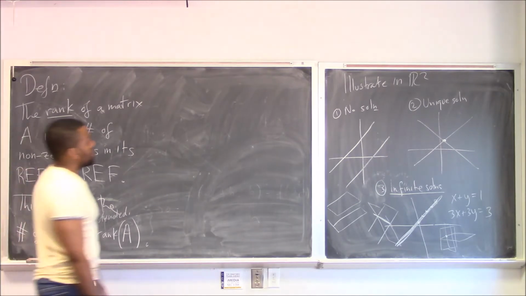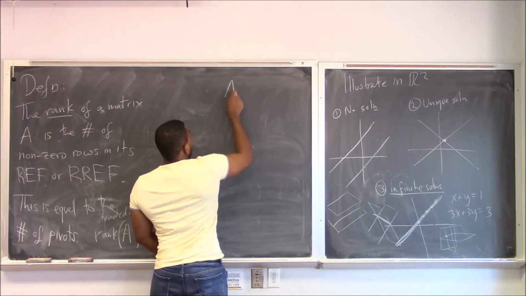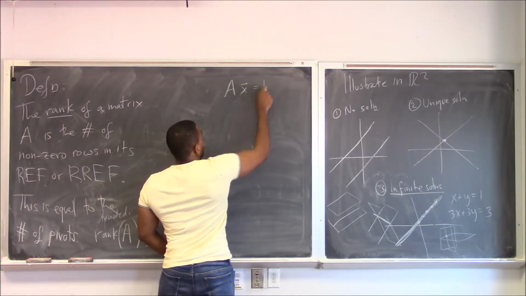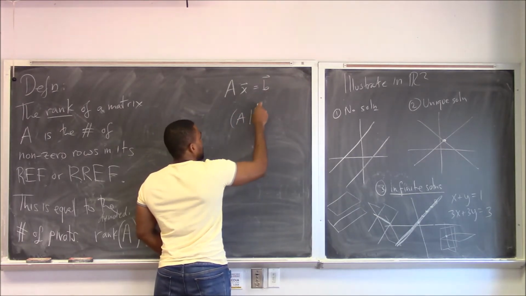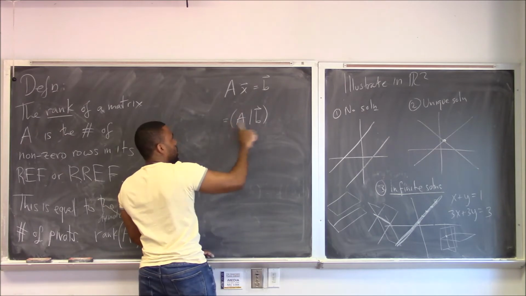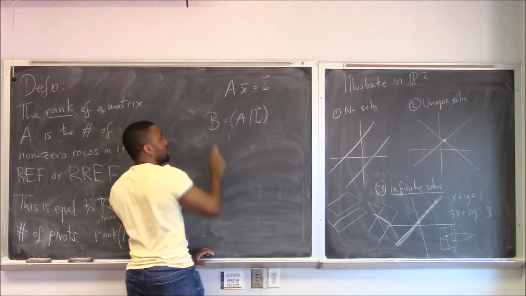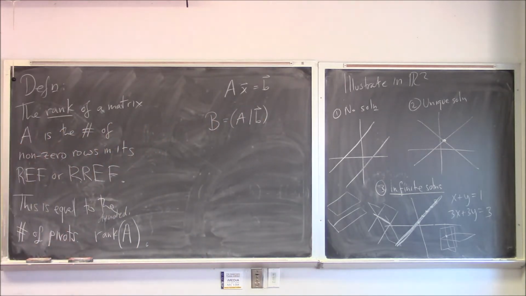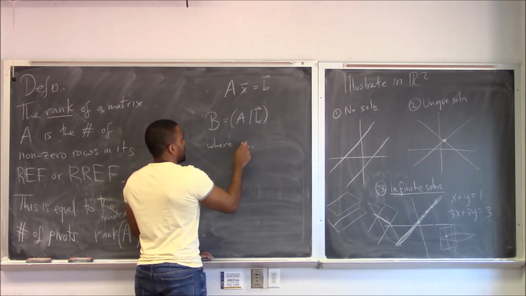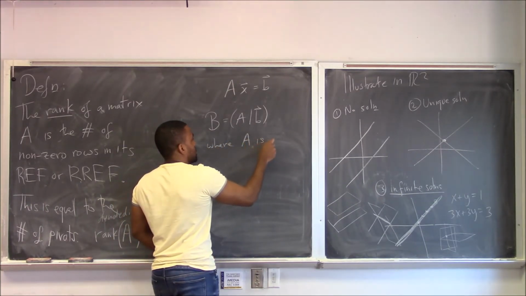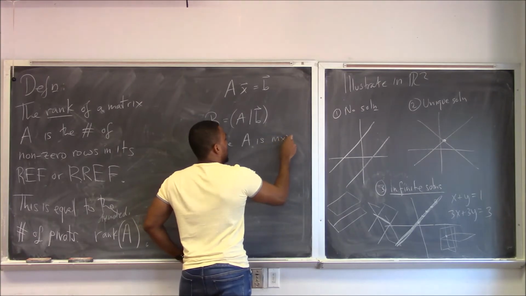So for example, if in AX equals B, you can talk about the matrix A, B, let's say you call that one big augmented matrix B, right? And where A is m by n. Right?